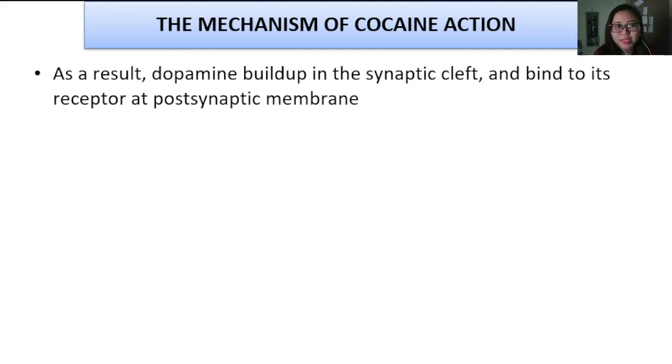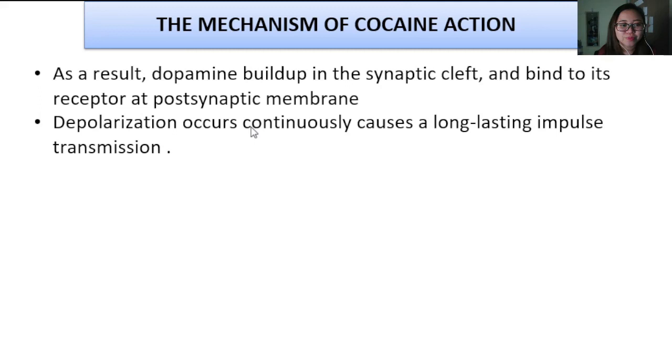Berlebihan dopamine means ada itu dopamine yang akan melekat balik kepada ligand-gated ion channel di postsynaptic membrane, walaupun actually tiada maklumat daripada neuron nombor 1. Dia macam bagi fake message. That means depolarization will occur continuously and causing a long-lasting impulse transmission.